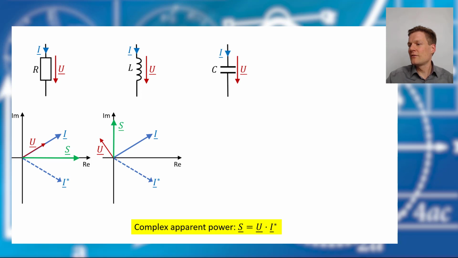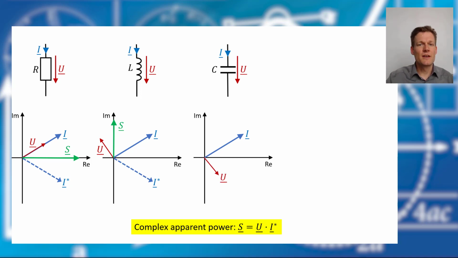Okay, let's have a look at the capacitor. Again, we have the same current here, and this time the voltage is lagging. And now we do the same thing. We want to calculate the apparent power, and therefore we need the conjugate complex of the current.